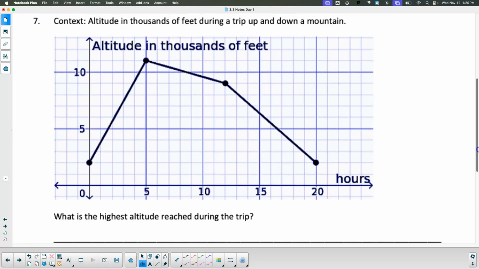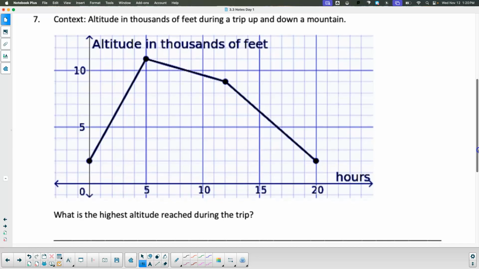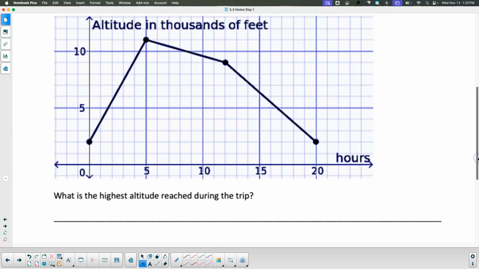The context of the situation is that we're talking about altitude in thousands of feet during a trip up and down the mountain. Okay? So the first question it's asking is, what is the highest altitude reached during the trip? 11,000 feet.